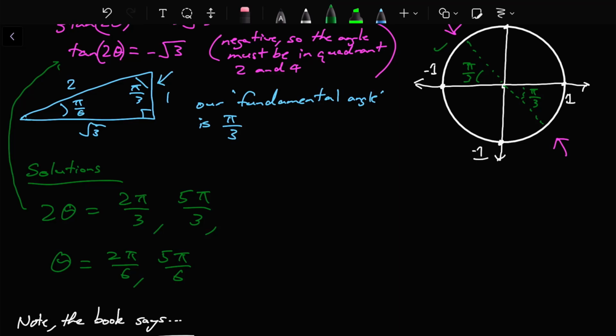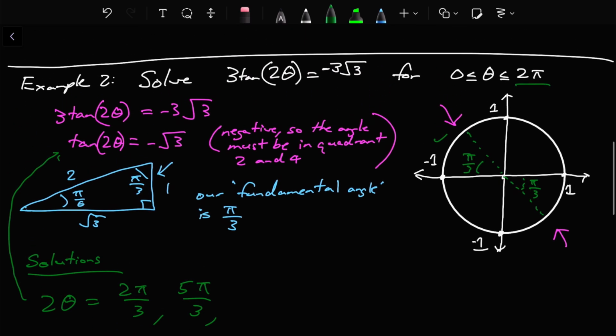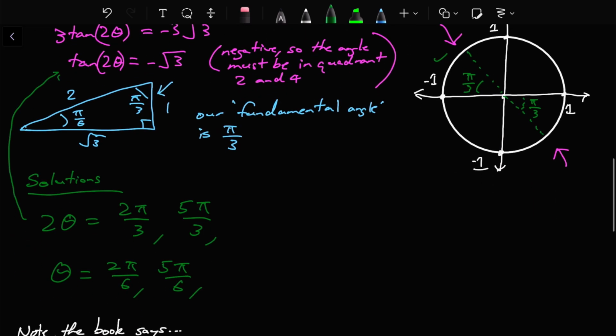Okay. Now, the question is, is this now all the solutions? Because now we're actually only going up to pi. We haven't gone all the way up to 2 pi. Okay. So we need to figure out how do we get the other solutions? Well, one thing that we can notice is that we just added an interval of pi at both of these, right?